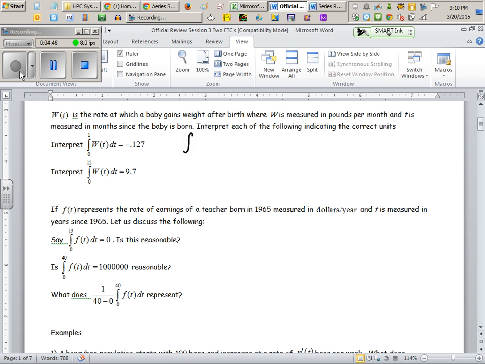So you have to understand what everything means. This means t equals 0 months to t equals 1 month. And this is measured in pounds per month times dt, which is d months. It's like an instantaneous change in months.